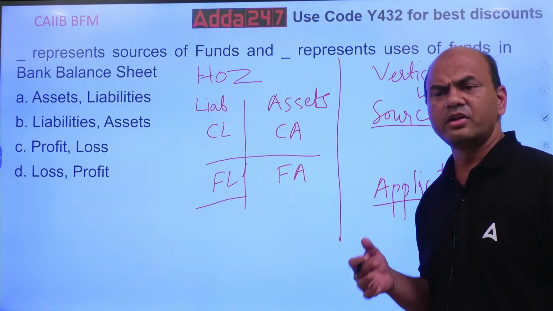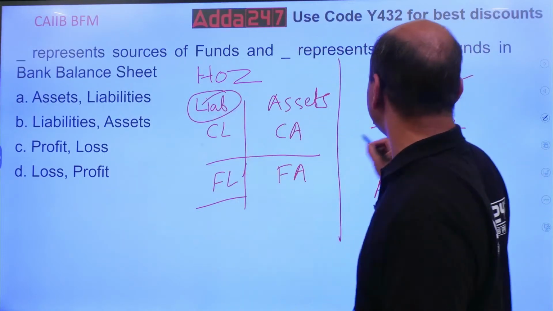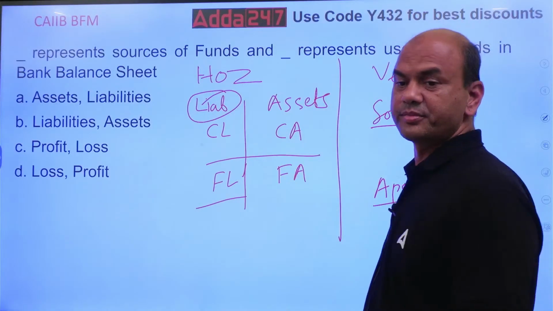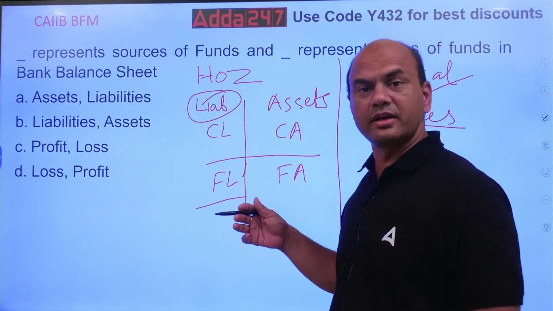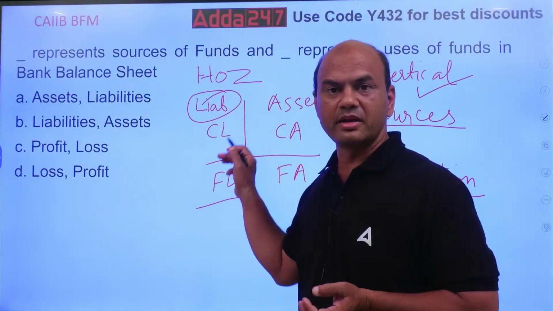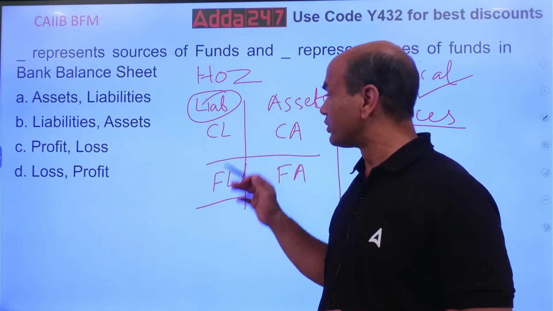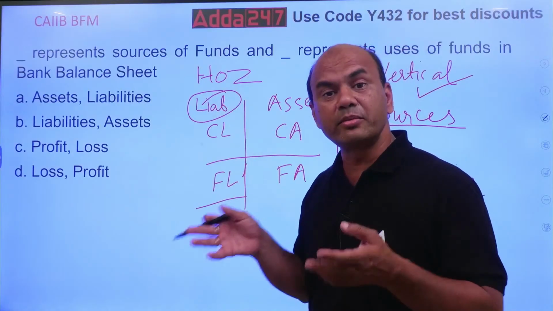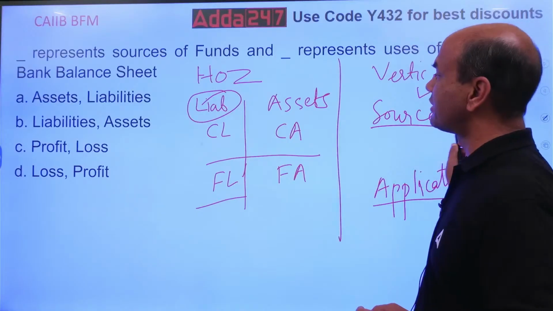So generally, I'll tell you this part will be the sources of funds, here current liabilities and fixed liabilities. Sources means what? Deposit. Depositor is a current liability. What I mean by this is somebody is giving me money. So that is the source of funds.